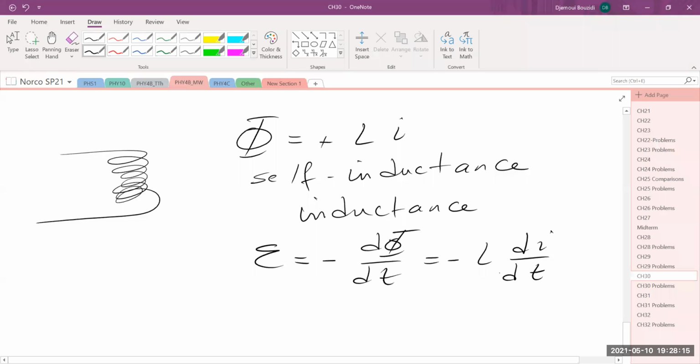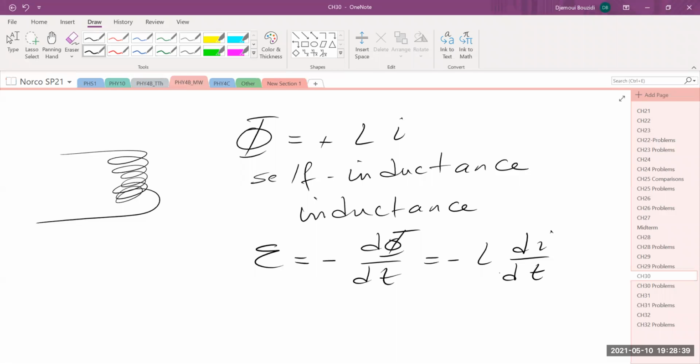So the EMF of the self-inductance opposes the change in the current. If you have a wire like this one in here, this is actually a self-inductance too, because it's the same wire wrapped around. So this will oppose the change in the current.